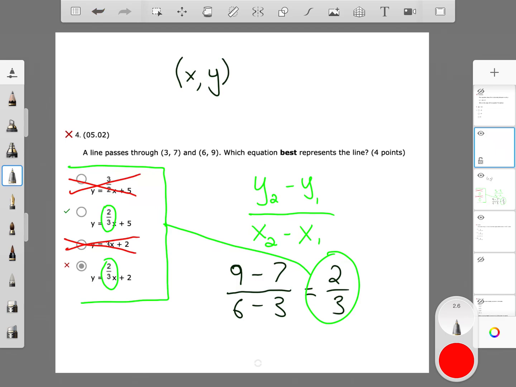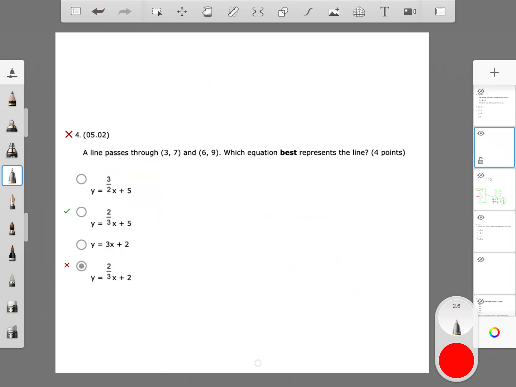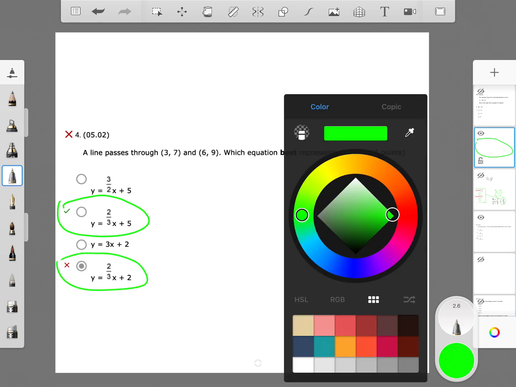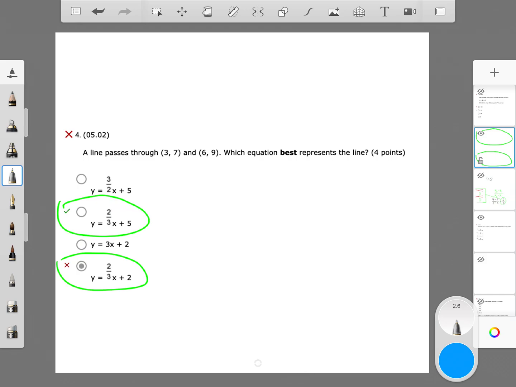I'm going to let this layer disappear, and we'll remind ourselves, this one's a possibility, this one's a possibility, and this one's a possibility. All right, here we go. We're asking the question, what happens when x equals 0? That's how we find the y-intercept, right?